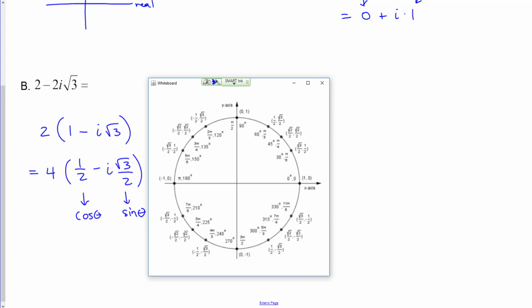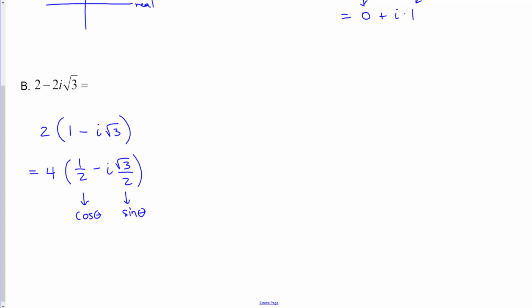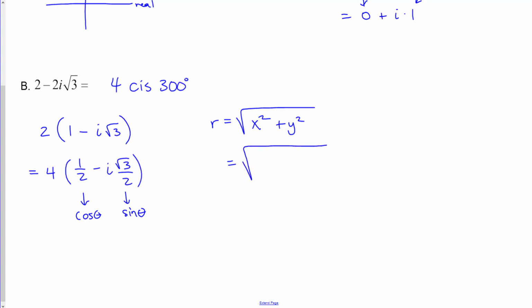So right here, that's at 300 degrees. So this is going to be 4 CIS 300 degrees. Absolutely works, but if you're uncomfortable with that, just recall that r is the square root of x squared plus y squared, and you could have determined it by doing, all right, the x value is positive 2, the y value is -2 root 3.